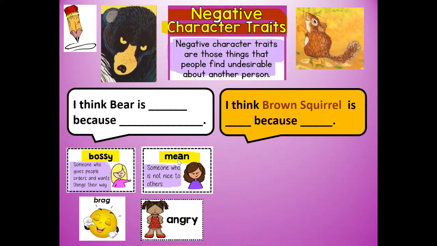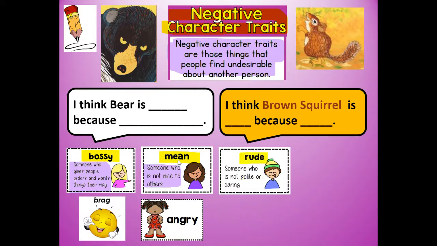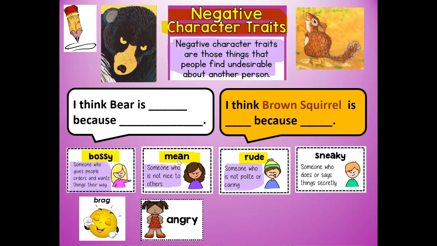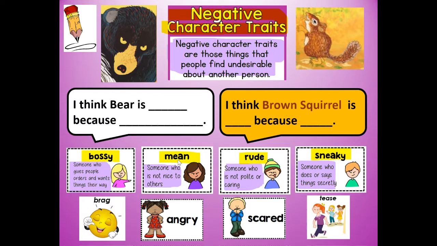Now we're moving on to Brown Squirrel. Do you think Brown Squirrel is rude, someone who is not polite or caring? Or do you think Brown Squirrel is sneaky, someone who does or says things secretly? So you could say, I think Brown Squirrel is rude because, or I think Brown Squirrel is sneaky because, and you could say, because he's scared or because he likes to tease.